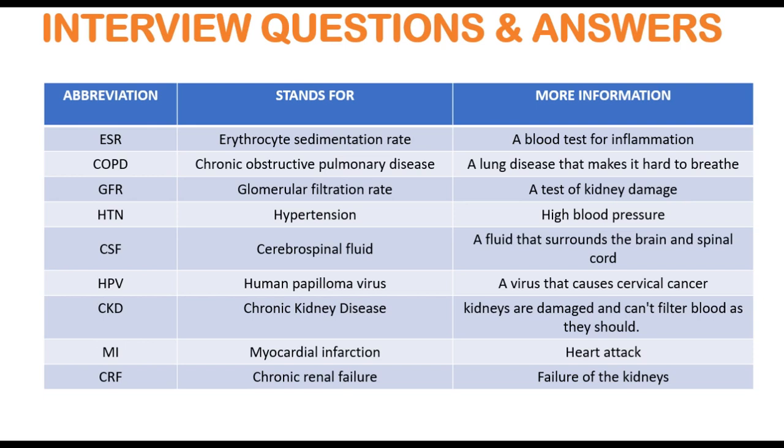CSF, cerebrospinal fluid, a fluid that surrounds the brain and spinal cord. HPV, human papilloma virus, a virus that causes cervical cancer. CKD, chronic kidney disease. Kidneys are damaged and cannot filter blood as they should. MI, myocardial infarction, heart attack. CRF, chronic renal failure, failure of the kidney.